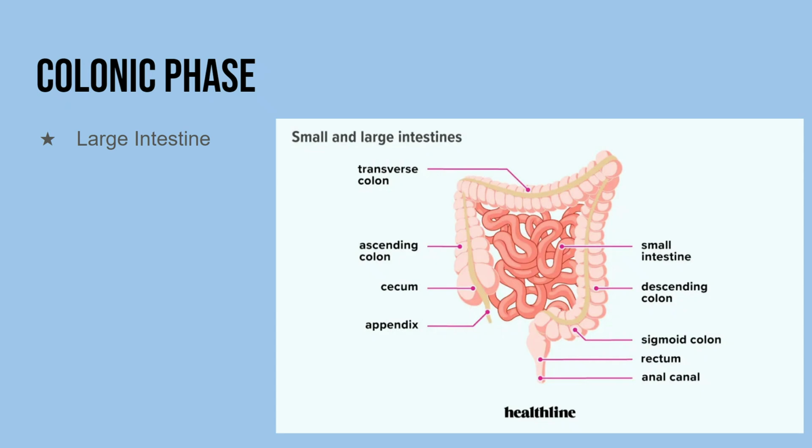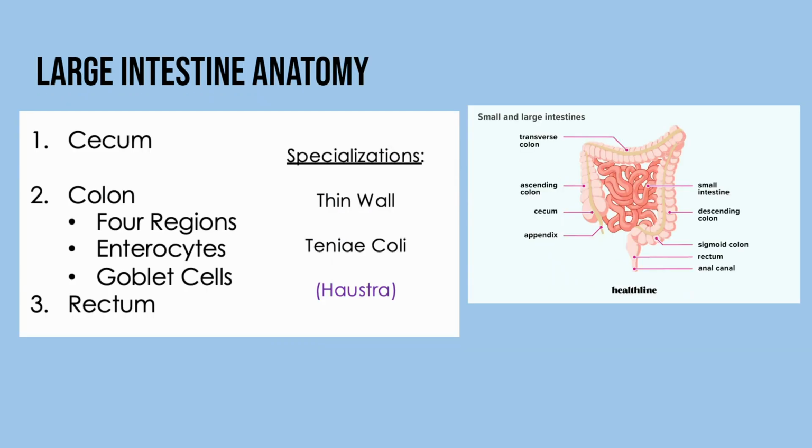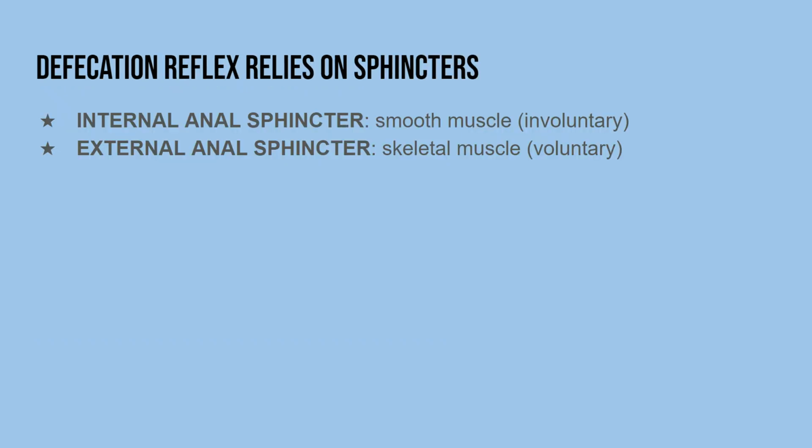And then the last phase is the colonic phase, which is the large intestine. Here are just the regions: cecum, colon, and rectum. I emphasized this last week too. There are two sphincters, the internal anal sphincter and the external anal sphincter.